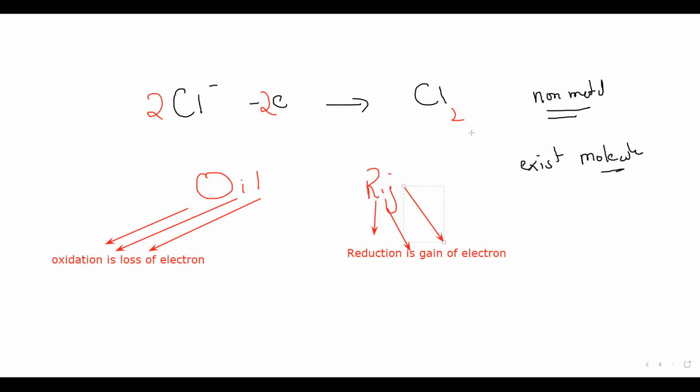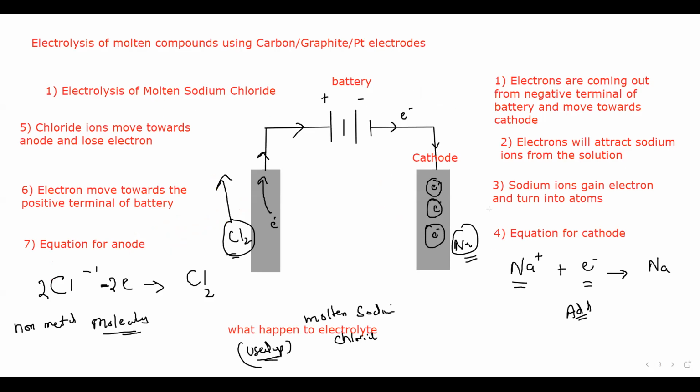So oxidation is a loss of electron, whereas reduction is a gain of electron. When something loses electron, we call it oxidation. When something gains electron, we call it reduction. So what happened here? A sodium ion is turning into a sodium atom. It is gaining electron.